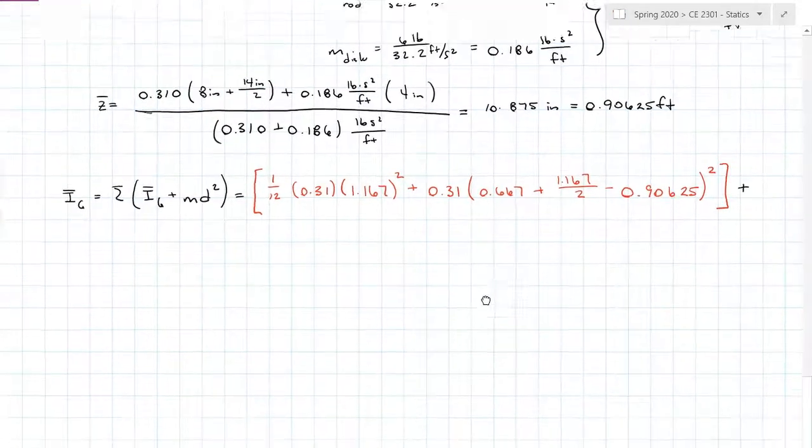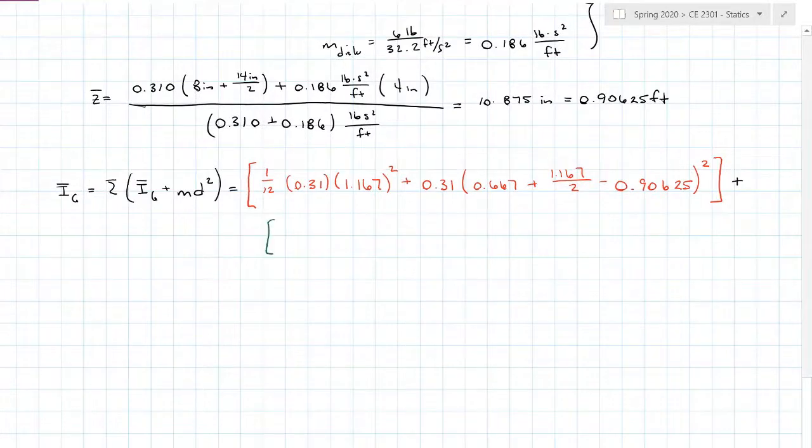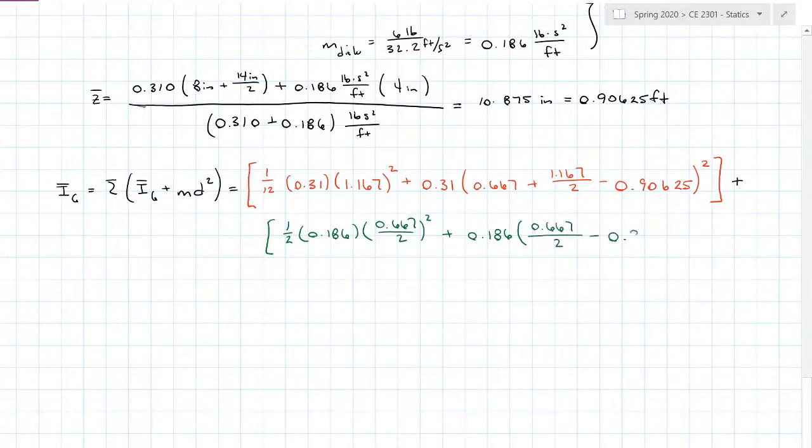The disc has a centroidal mass moment of inertia of 1/2 the mass times its radius squared plus the mass times the distance I want to travel. So that's going to be the radius minus that location for the composite centroid, squared.